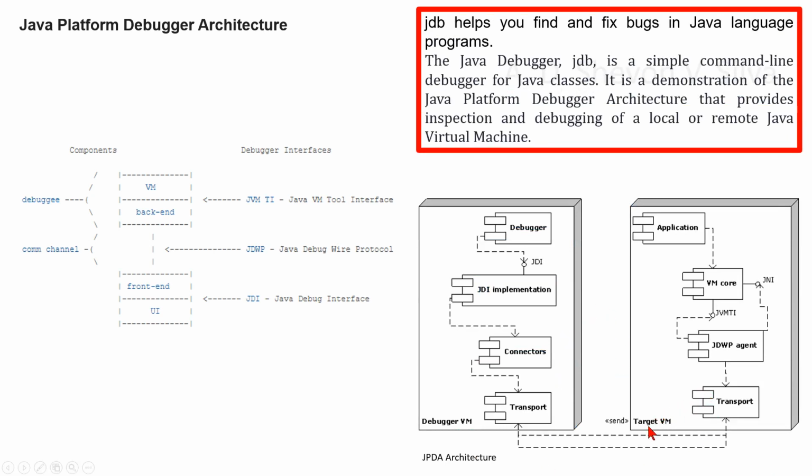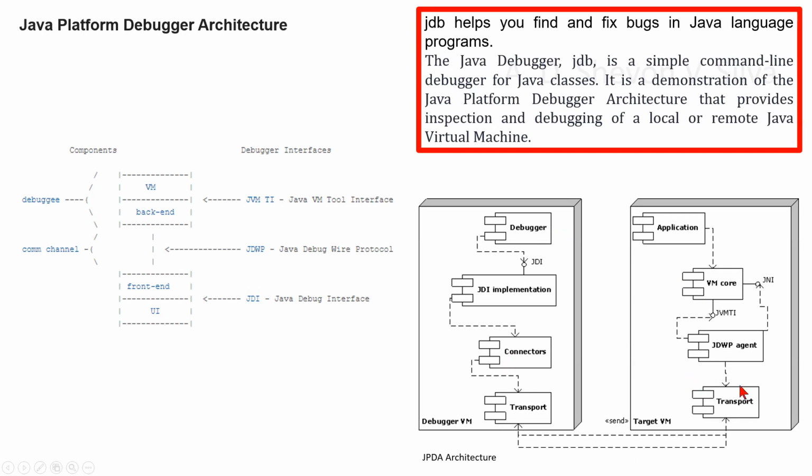The Java Platform Debug Architecture, JPDA, describes a set of API functions used for debugging Java applications running in a Java virtual machine. JPDA describes the following main APIs represented on different levels.